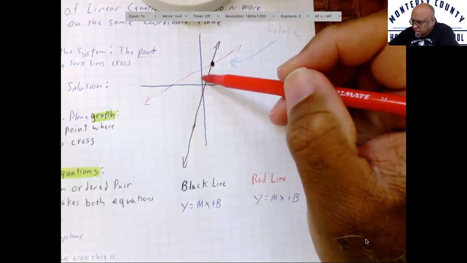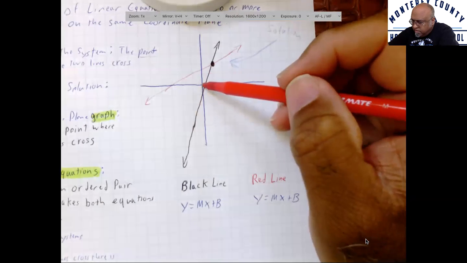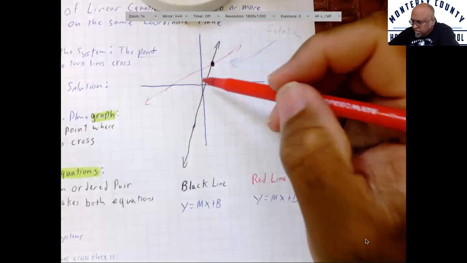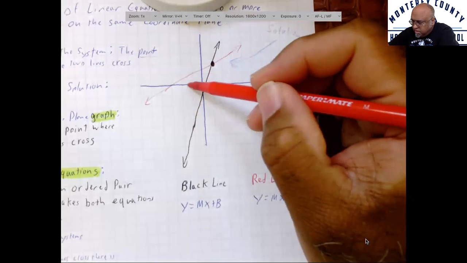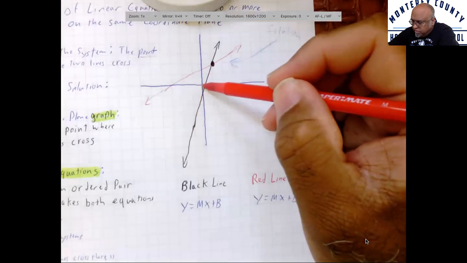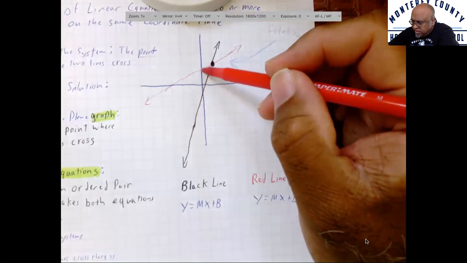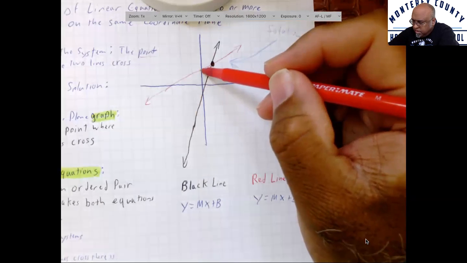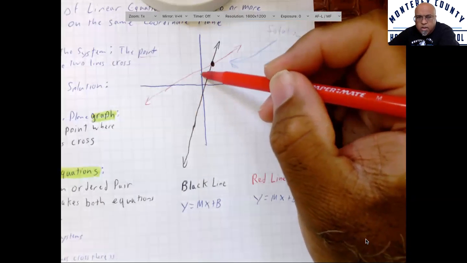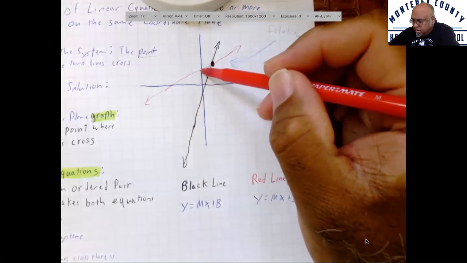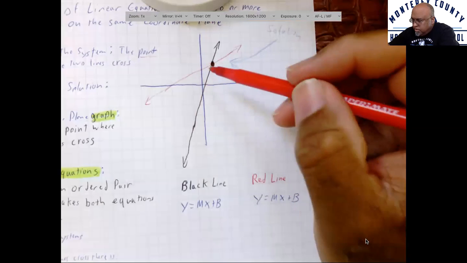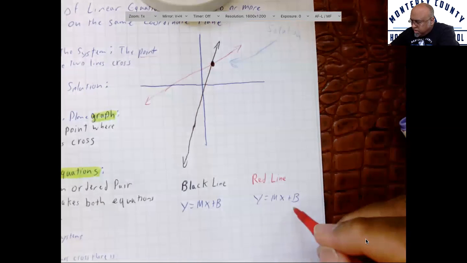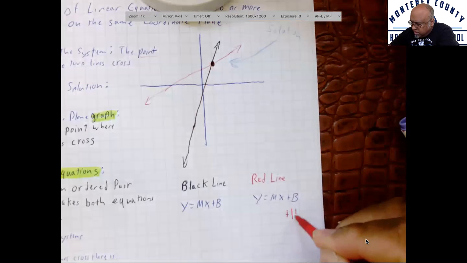My x value helps me find the y-intercept. So if I look at my x value, the point where it crosses the y-axis looks to me to be about 1.5. Okay, so the y-intercept, also known as b, is plus 1.5.